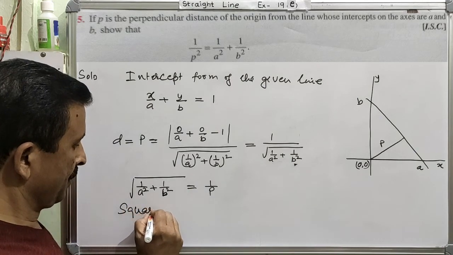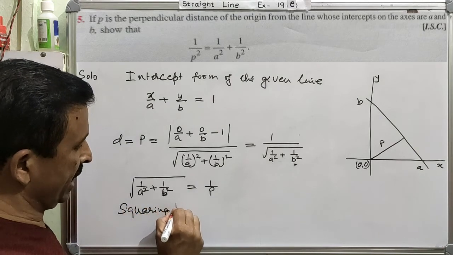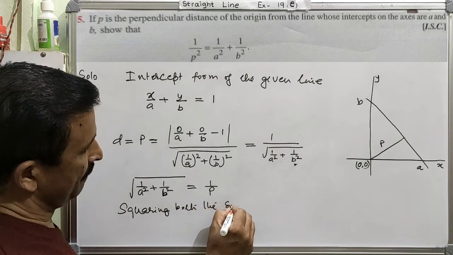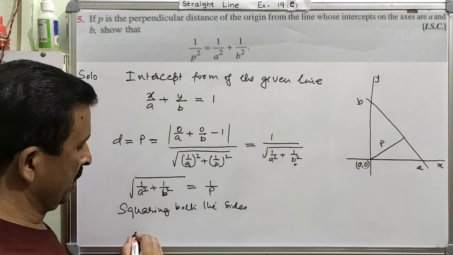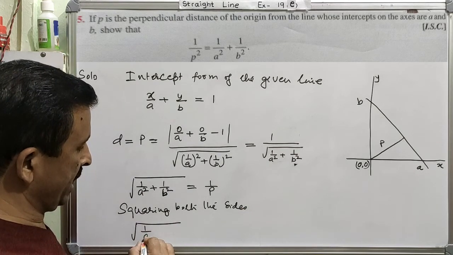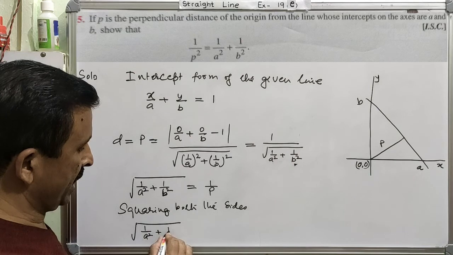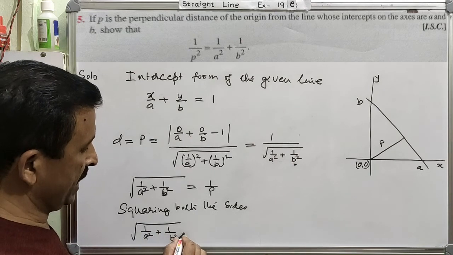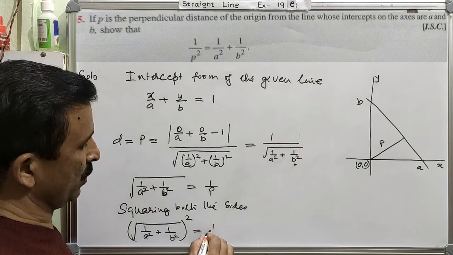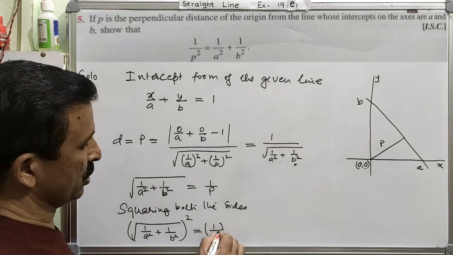Squaring both the sides. So root over 1 over A square plus 1 over B square, squared, is equal to 1 over P, squared.